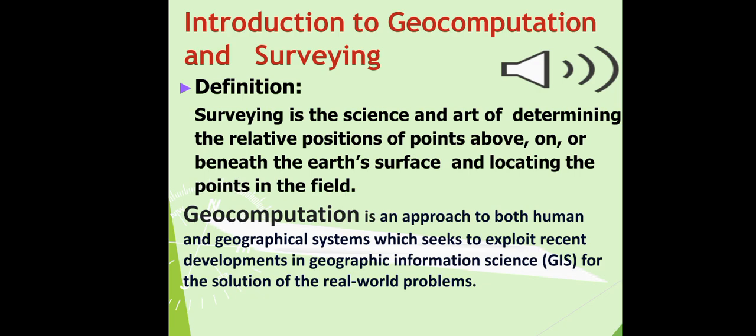In simple words, we can say surveying is the science and art of determining the relative position of points which are located above, on, or beneath the earth's surface, and lastly, the locating of the points in the field.